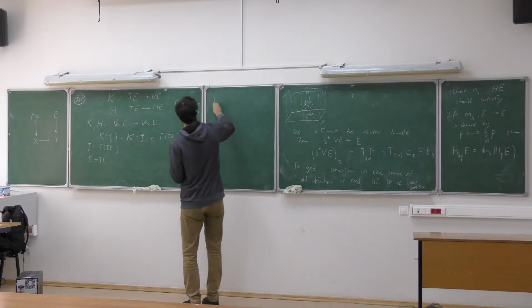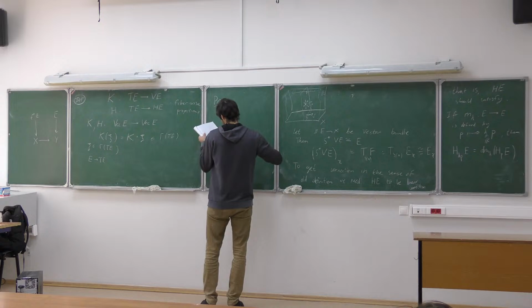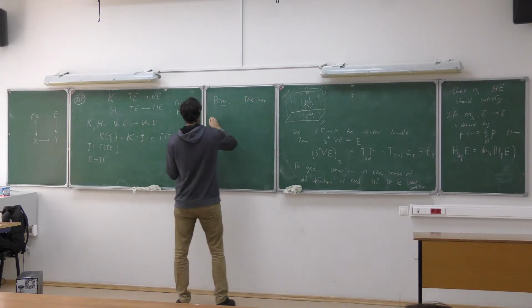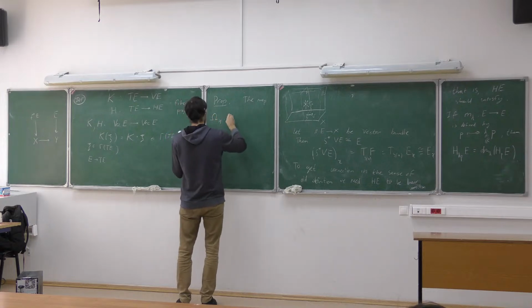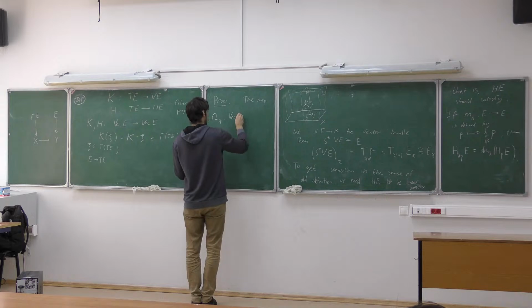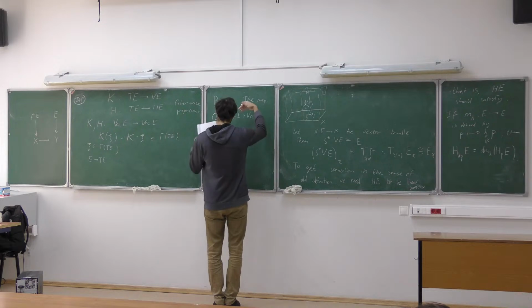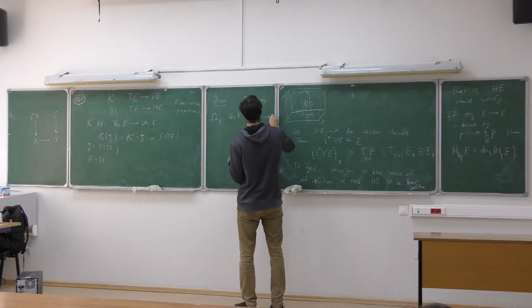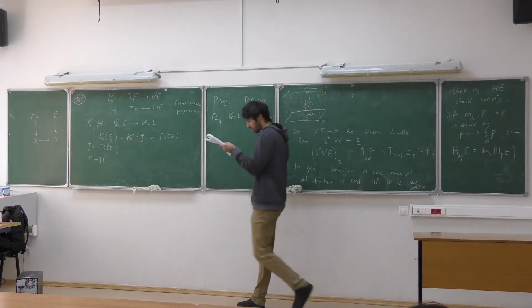For that, I need this easy statement that the map, I will denote it omega_H, takes a pair of vector fields on E and gives me another vector field on E. How?